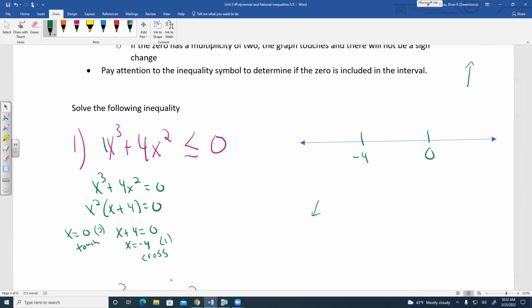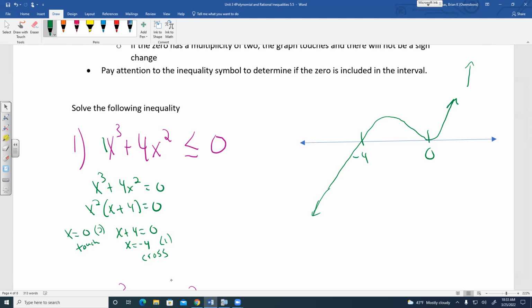If you're not sure about that, then you can always test the intervals. So the graph actually starts down here. When it comes to the -4, it actually has to cross. It has to turn back around. But when it comes to the x-intercept or 0, this 0, if you will, it touches and turns back around.